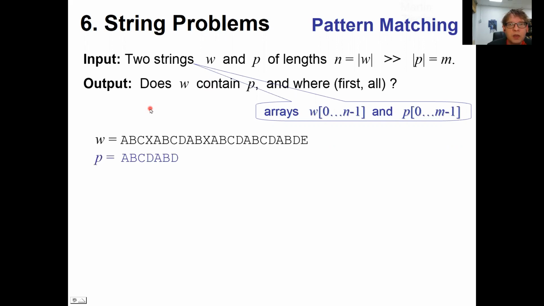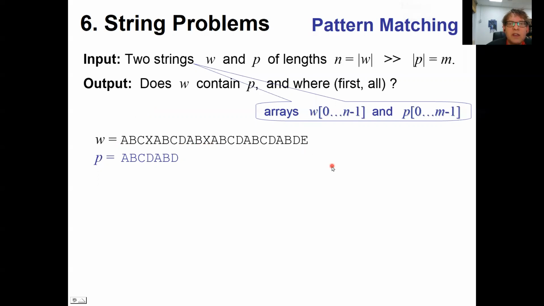Right. So here's an example, artificial to be fair, but still illustrative, purposely designed to be illustrative. We have a string ABC, X, ABC, D, AB, X, ABC, and so on.